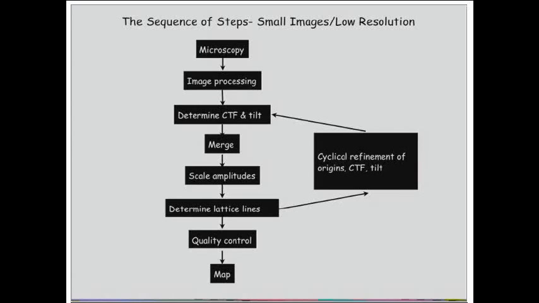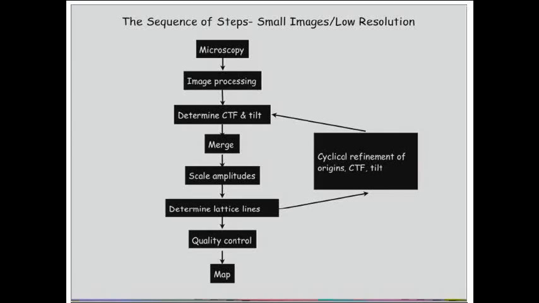So this is a very basic, simple scheme of the steps involved in extracting those structure factors from tilted crystals. We go through the normal image processing steps, which I'm presuming you've already covered.